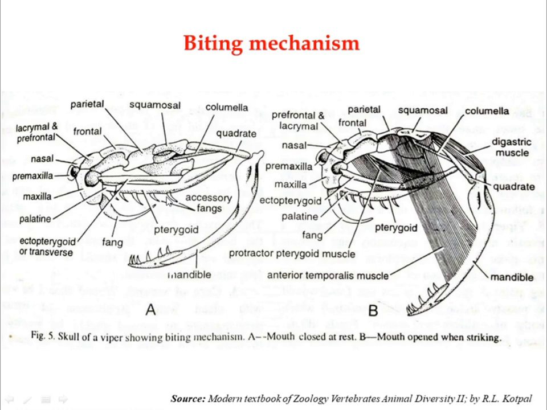When a venomous snake wants to strike, there is a series of movements which occurs in a chain, step by step. So we will discuss them. The first step is contraction of the digastric muscles. Here you can see the location of the digastric muscles.